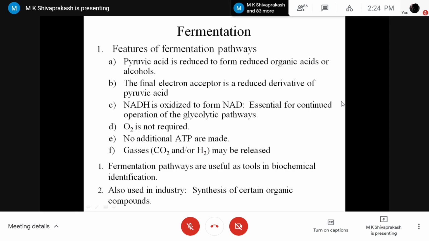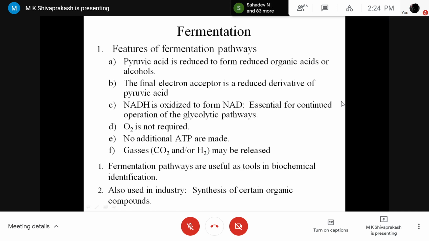They come from an external source: oxygen in aerobic respiration, or sulfate, nitrate or other things in anaerobic respiration. But in fermentation, the electron acceptors are produced endogenously.